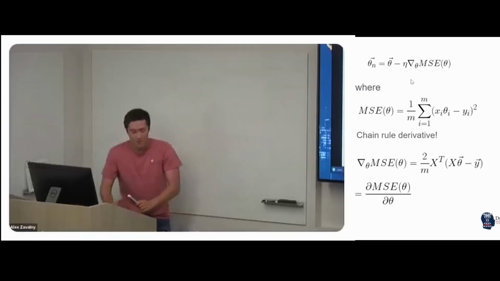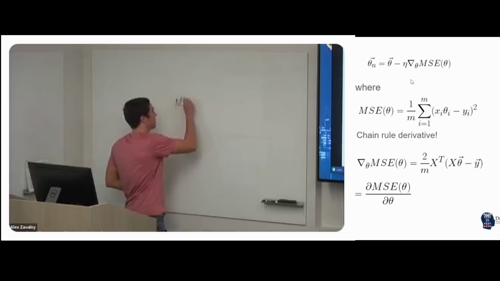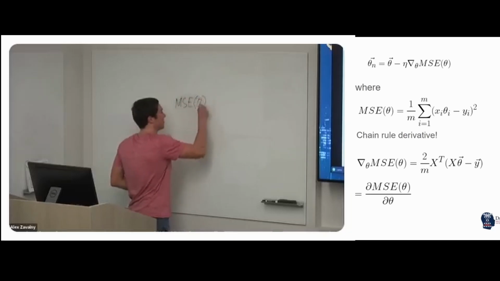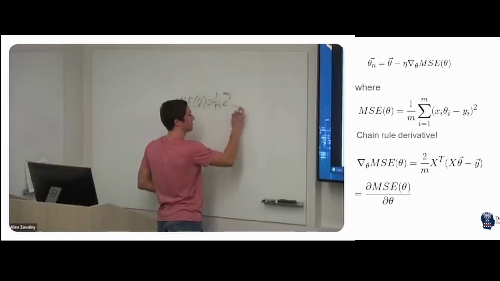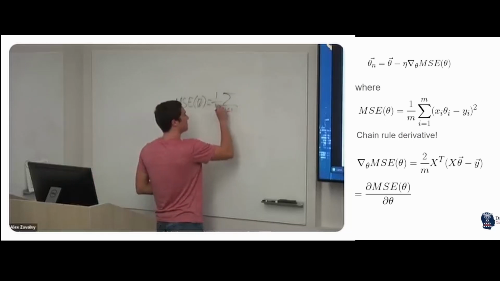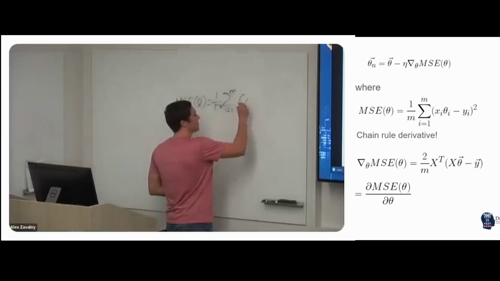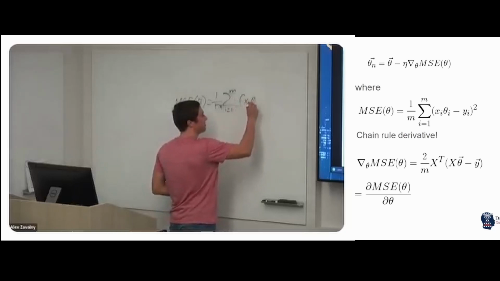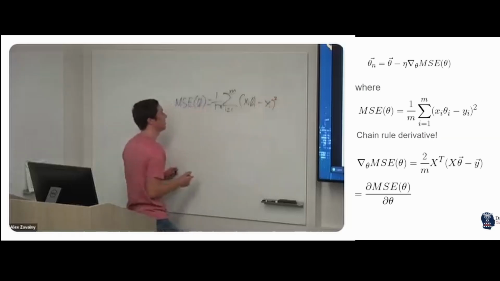The mean squared error, I'll just write it up here: 1 over m, I think I used m, the sum of your input values times your parameters, the distance between what the model predicts and what the actual value of y should be, squared.